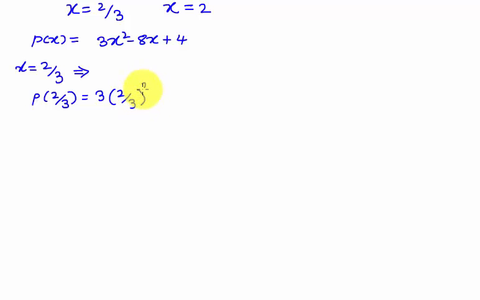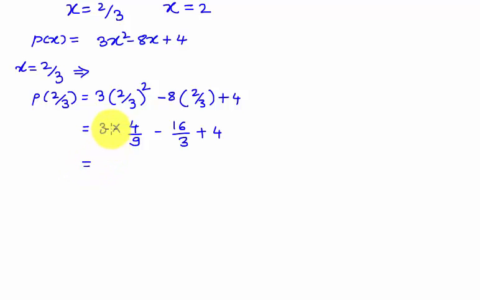So 3 into 2 by 3 square minus 8 into x, which is 2 by 3, plus 4. Now let's simplify this equation. So 3 into 2 by 3 square will become 4 by 9. 2 square is 4 and 3 square is 9. Minus 8 2s are 16, so this will become 16 by 3 plus 4.